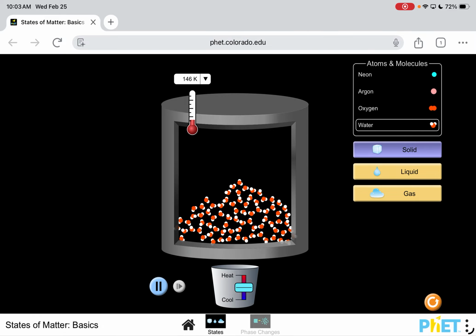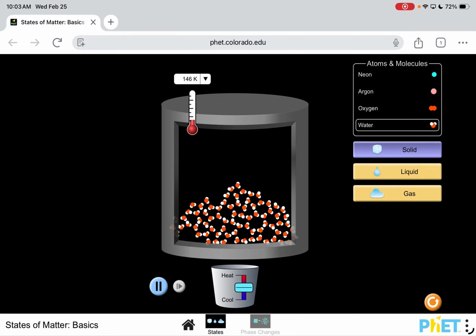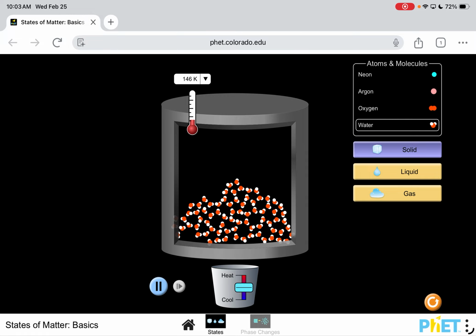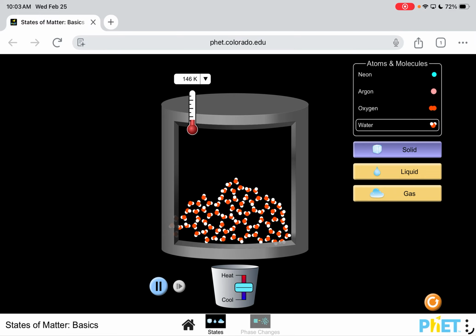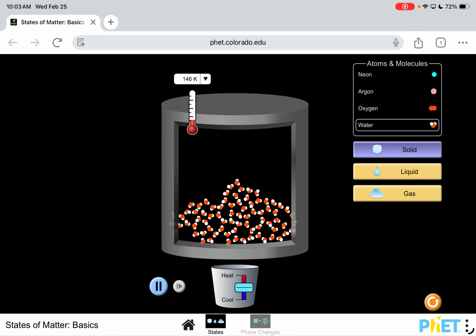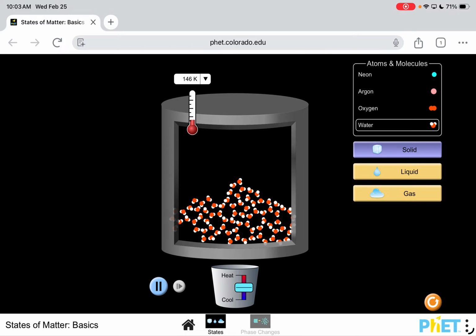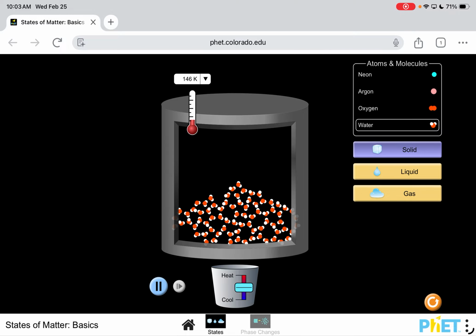So when you have a solid, this is maintaining its shape. In the last class, it looked very much like an ice cube. So when you have a solid, this is supposed to be water, it relatively maintains its shape, right? You might lose some of the molecules, but think of an ice cube sitting in the freezer, okay?